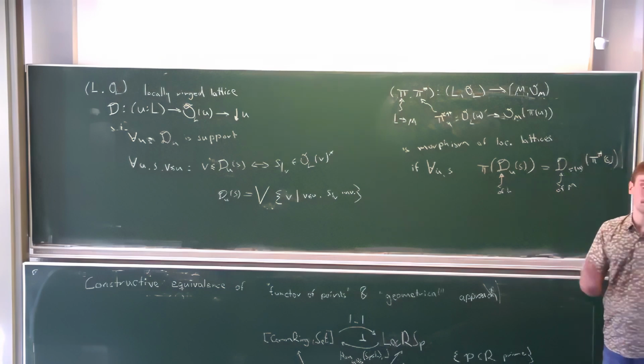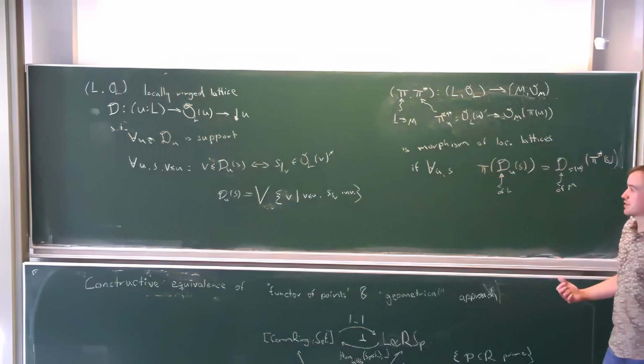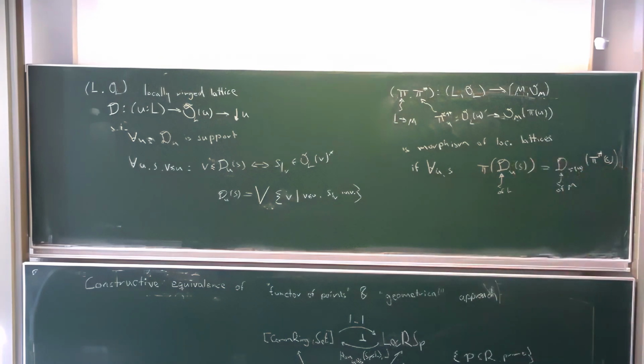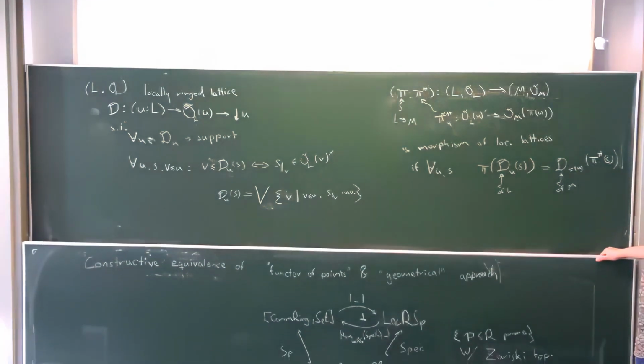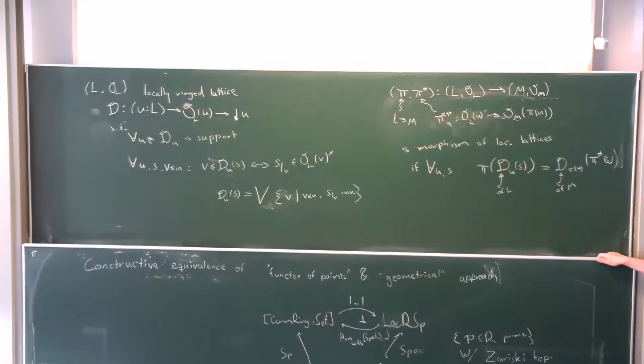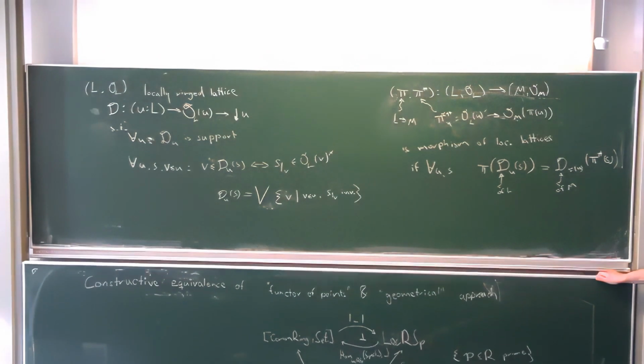So there's a Zariski lattice with the structure sheaf and the support here. I have to jump over a couple of things. The schemes that we get this way are exactly the quasi-compact, quasi-separated schemes, which is also worth pointing out.